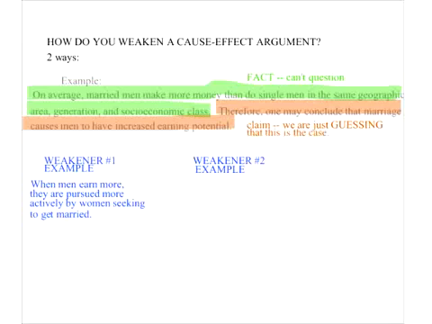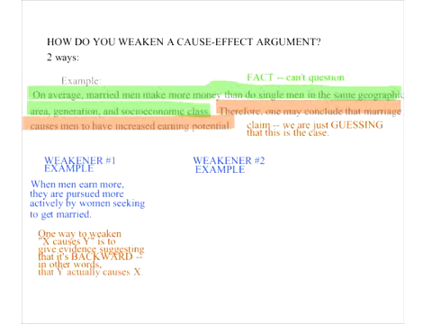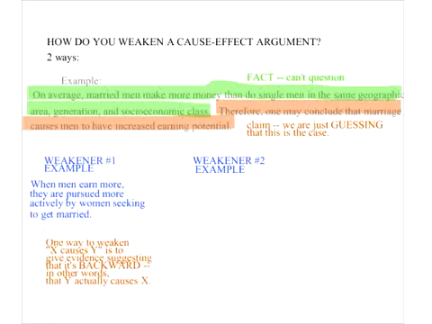So, what's going on here is one way to weaken X causes Y is to give evidence suggesting that it's backwards. In other words, that Y actually causes X. So in this case, instead of saying that marriage makes men earn more, we're saying that earning more makes men more likely to get married. So that's one kind of weakener.